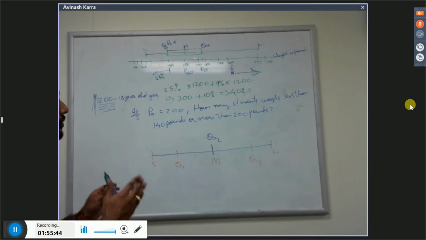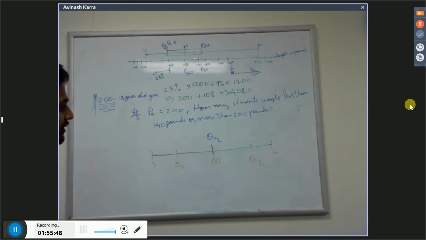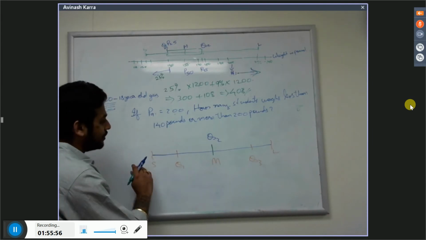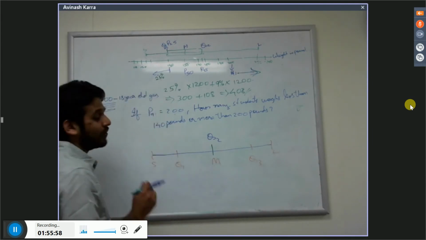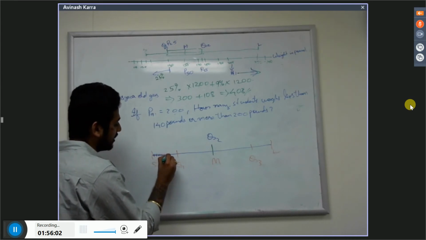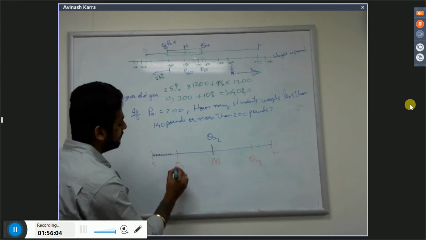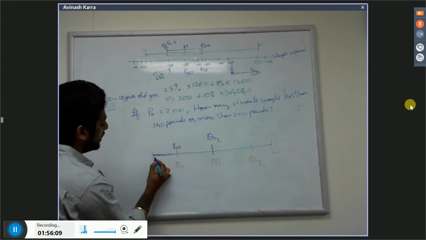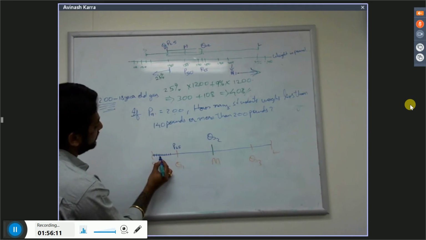Now, if I want to divide the same thing into 100 equal parts, that is called percentile. Now you listen carefully. If I want to divide the same sequence into 100 equal parts, that is called percentile. Like percentile 1, percentile 2, percentile 3, 4, 5.